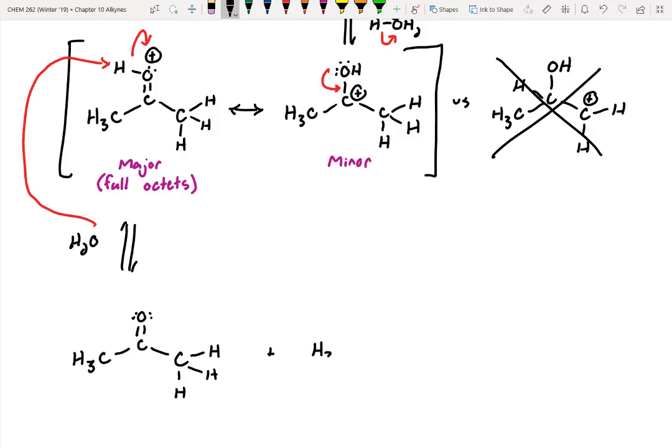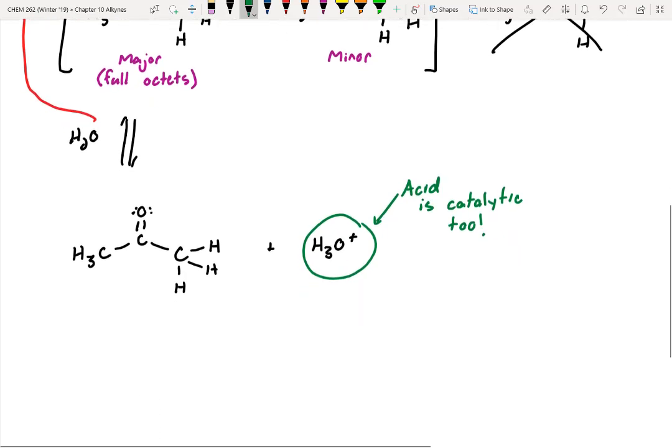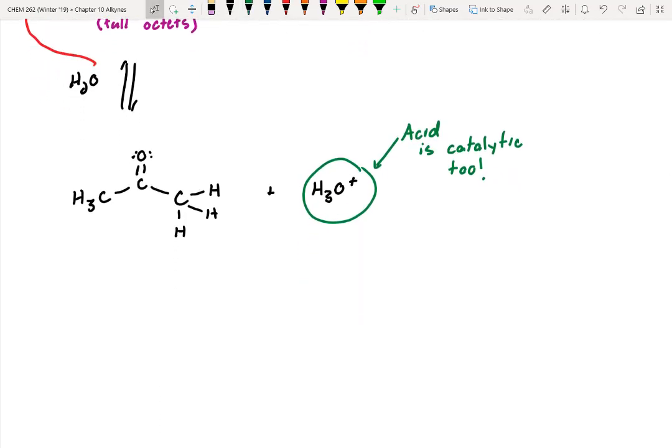And we regenerate our acid, which tells you what about our acid in this reaction? It's catalytic. So the acid and the mercury too are both catalytic. The water in this case is the only stoichiometric reagent that we're using. All right, what's this new functional group that we made? Ketone.